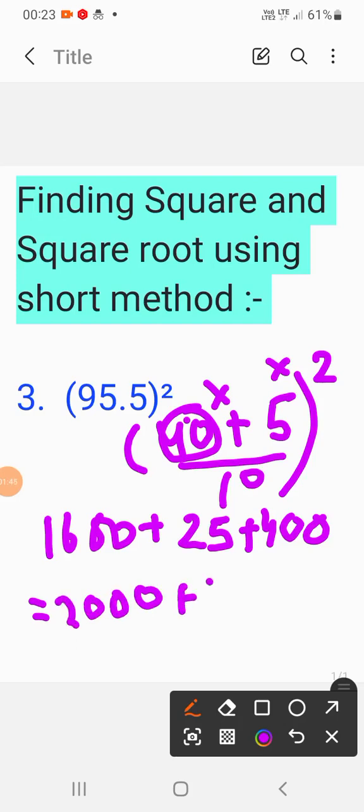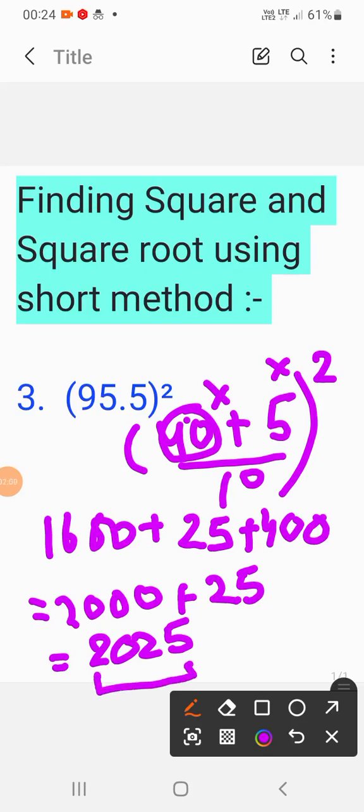plus 25. So we got 2025 over 2. And since we have 10 over here, the square of 10 would be 100.